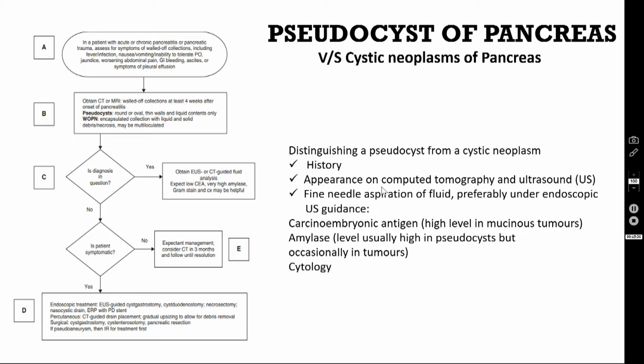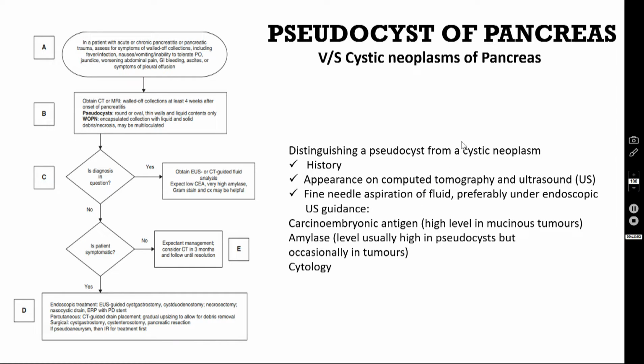The appearance on computed tomography and ultrasound is very characteristic. You can see either a homogeneous or heterogeneous appearance if it is a pseudocyst or the walled-off collection, and you can have a characteristic feature if it is a neoplasm.